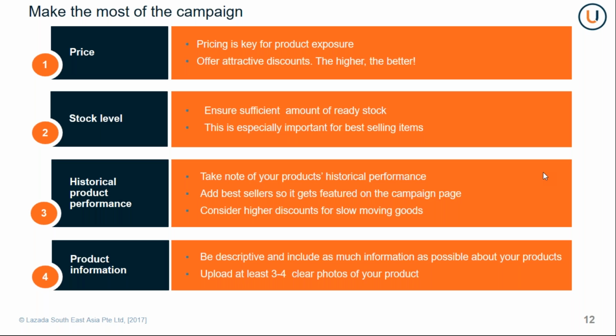Next, historical product performance. Take note of your product's historical performance. Add your best sellers so that it gets featured on the campaign, and then consider higher discounts for your slow-moving goods. You should always keep an eye out for your analytics portal. The analytics portal enables you to see your best-selling products as well as your slow-moving goods, and it even gives you a detailed report about your conversion rate and your traffic.